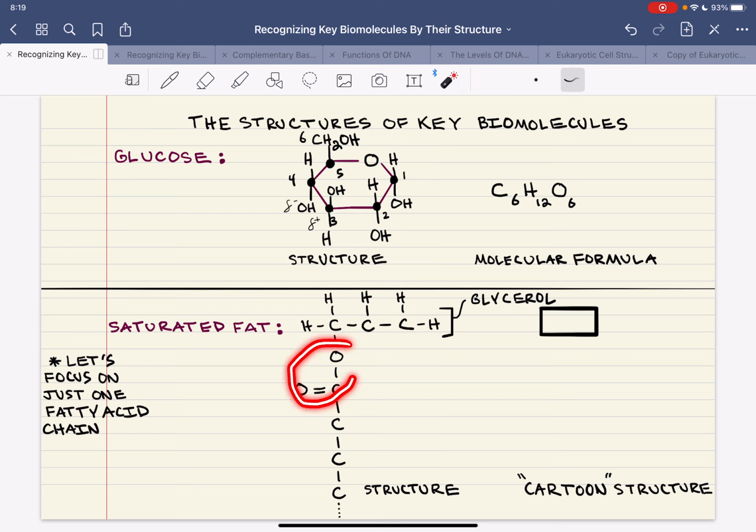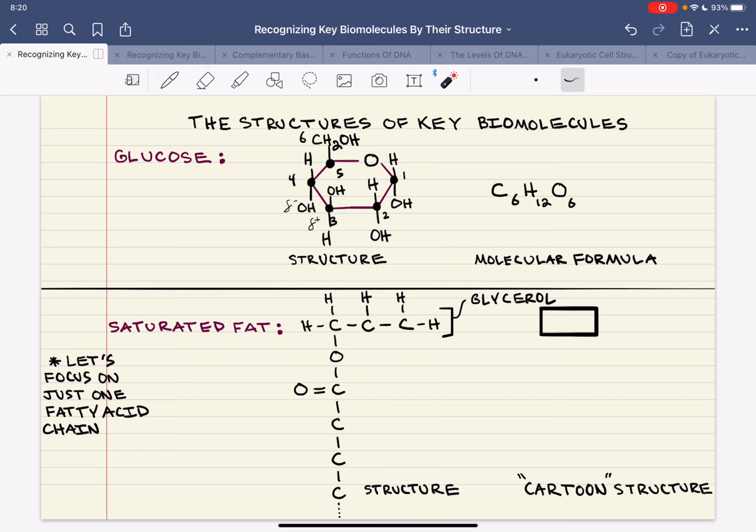So if you skip past this carboxyl group, then you just have carbon, carbon, carbon, carbon, and it goes on for a while. On average, each fatty acid chain of a fat is anywhere from 16 to 18 carbons in length. Now there's all different types of fats and they have different names, like if you look at your food, like oleic acid or stearic acid or palmitic acid.